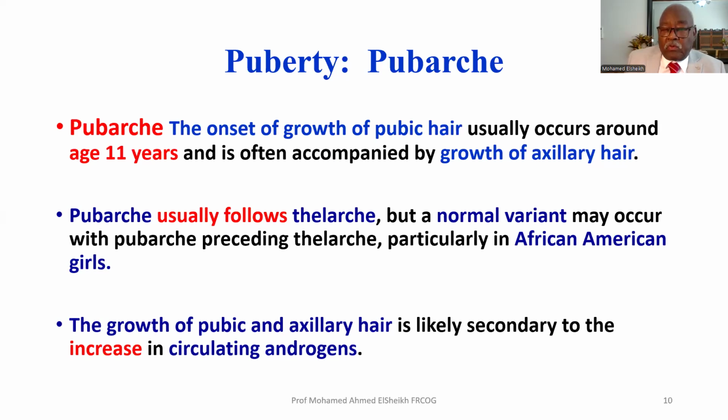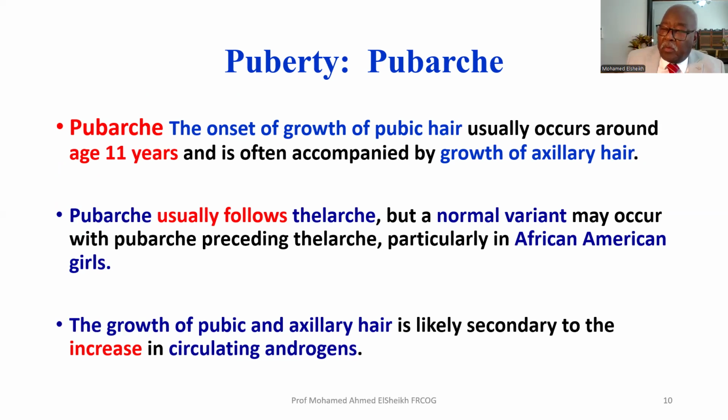Pubarch usually follows thelarch, but as a normal variant may occur with pubarch preceding thelarch, particularly in African American girls. The normal or the common thing is thelarch first, followed by pubarch.